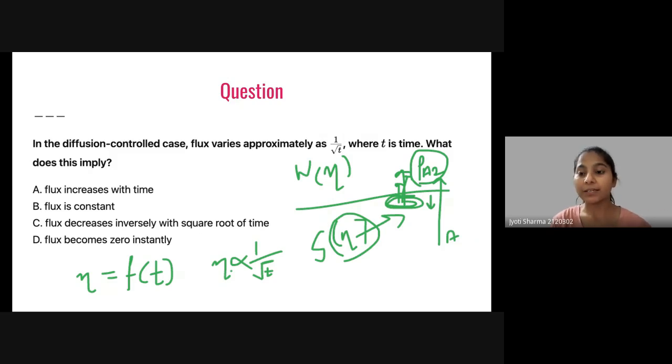And that happens with time, because initially we have enough concentration, but over time, as it crosses the interface, your concentration will decrease. If your concentration decreases, your flux will decrease. So with the calculation, with the equation we learned, it is a function of time, and your flux decreases inversely proportional to the square root of time. So C is your right answer.